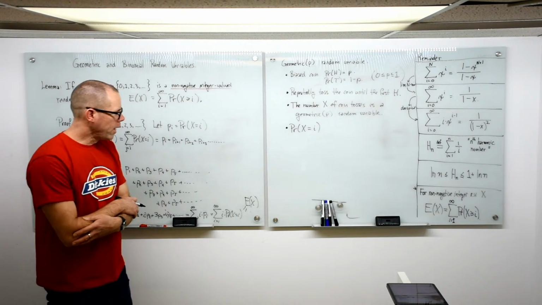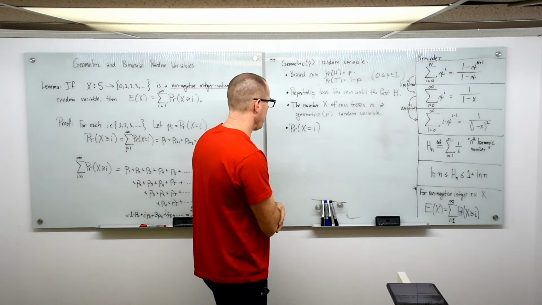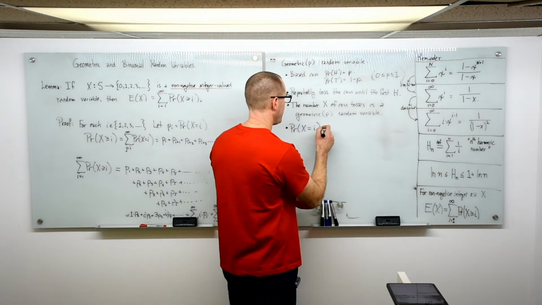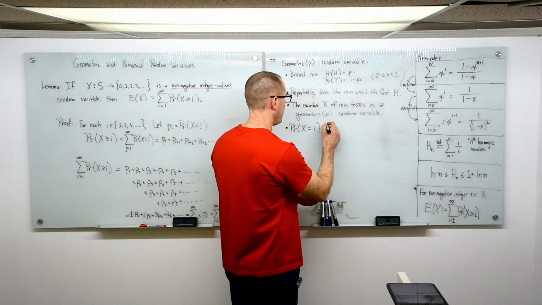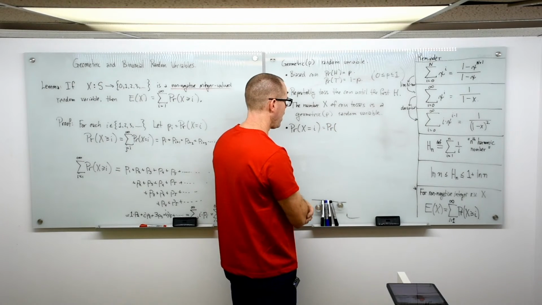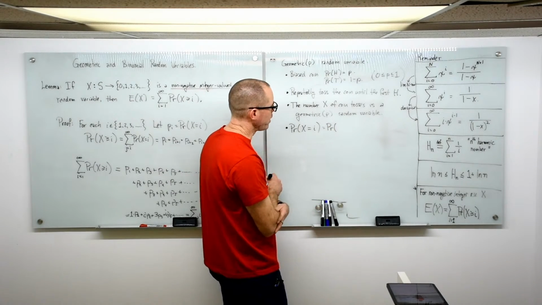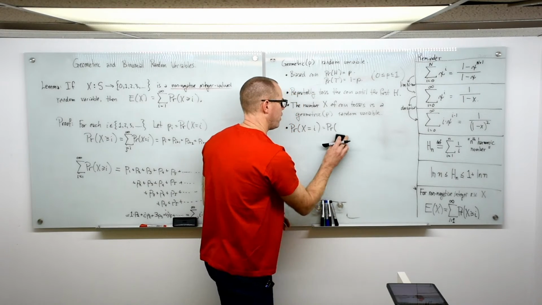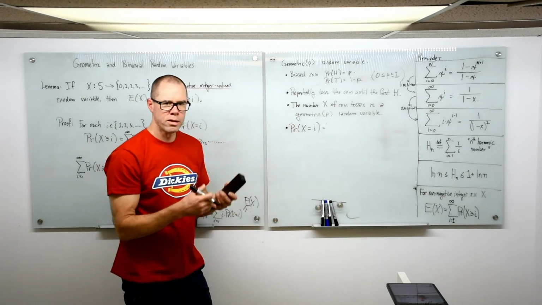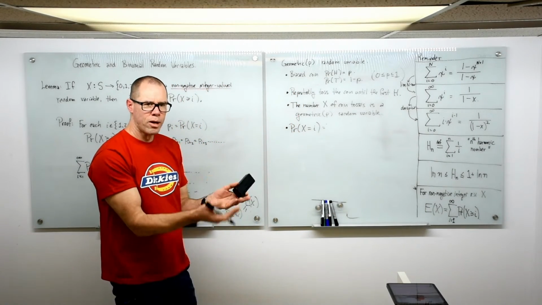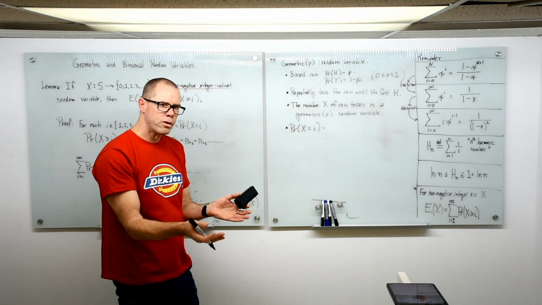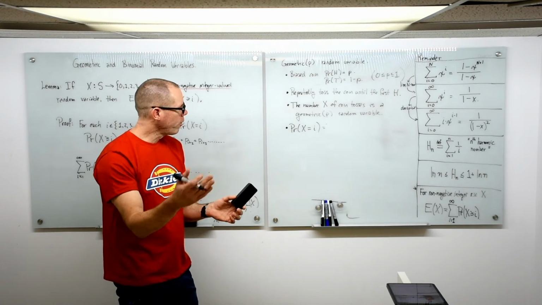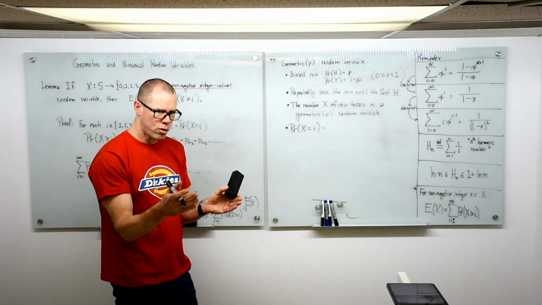So that means this is equal to the probability that the first coin toss is a tail, and the second coin toss is a tail, and the third coin toss is a tail, all the way up to the (i-1)th coin toss.